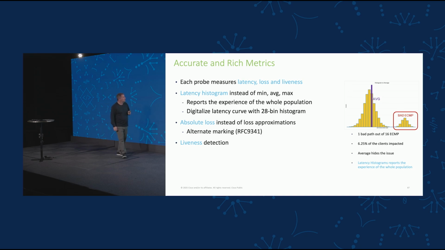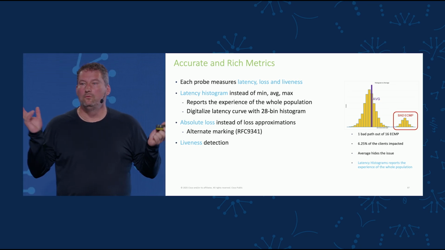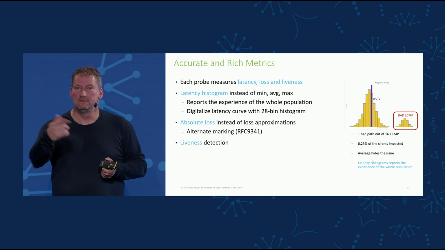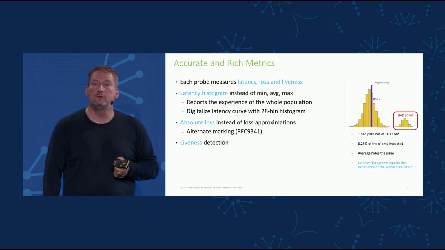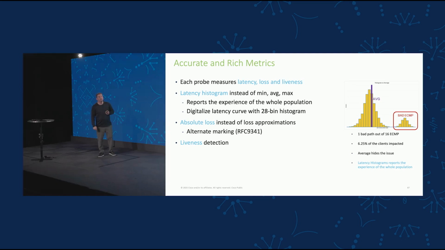For loss, we use absolute loss. So today, especially when we do transport probing, we count the packets. Okay, so received minus sent equals loss, right? Here we do a little bit more. We use a technique called alternate marking. Actually, this was also talked about yesterday when Telecom Italia was on stage, right?